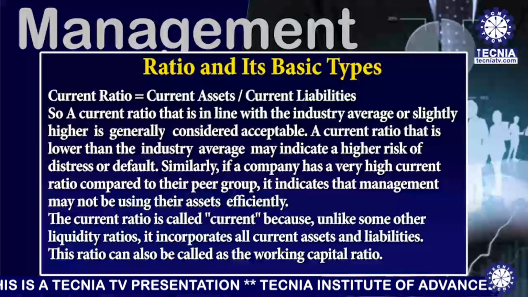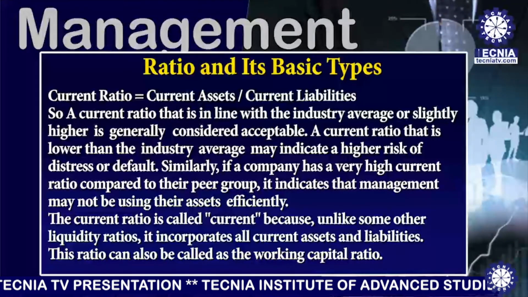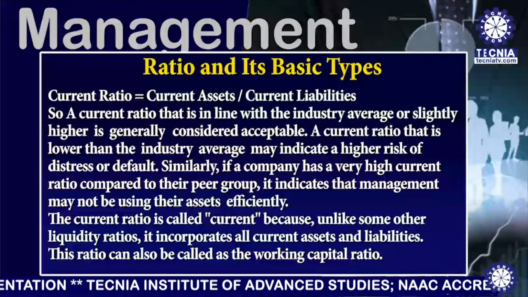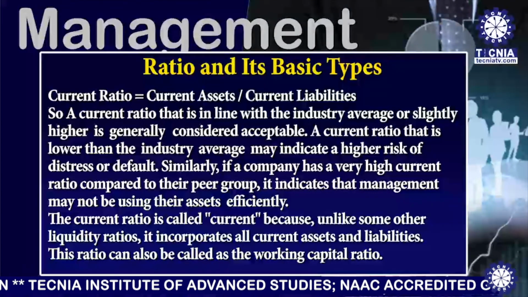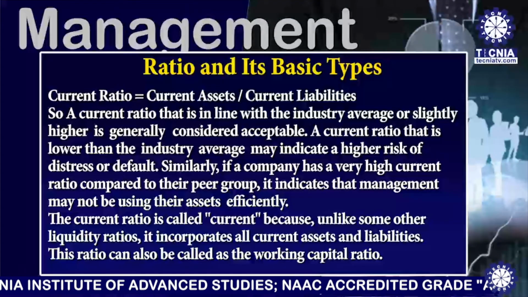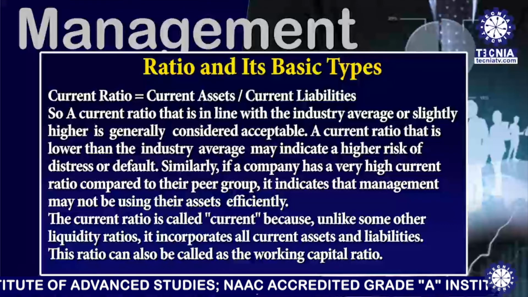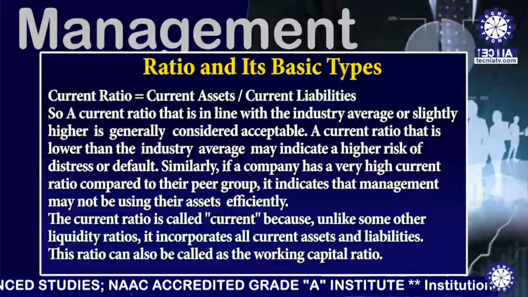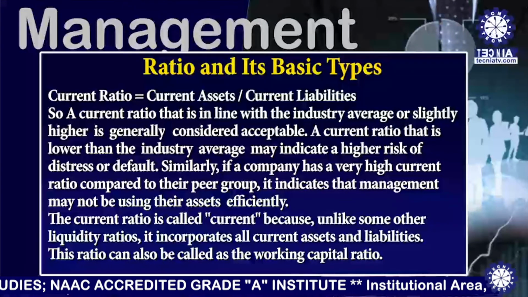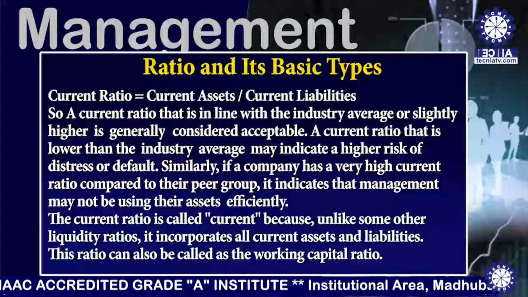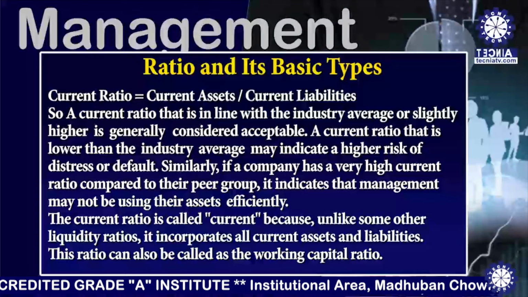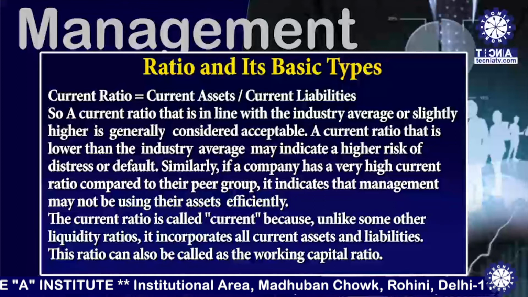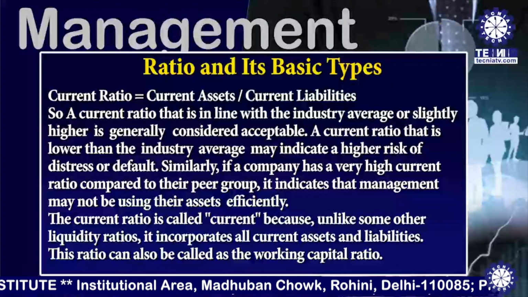Similarly, if a company has a very high current ratio compared to its peer group, it indicates that management may not be using their assets efficiently. The current ratio is called current because, unlike some other liquidity ratios, it incorporates all current assets and liabilities. This ratio can also be called the working capital ratio.